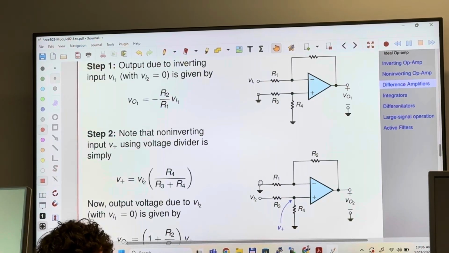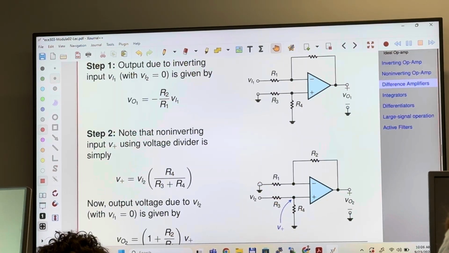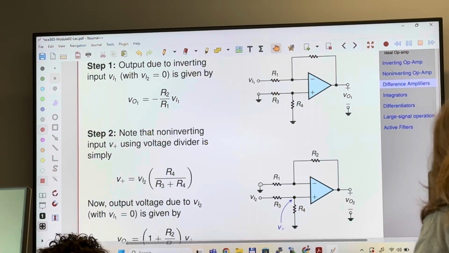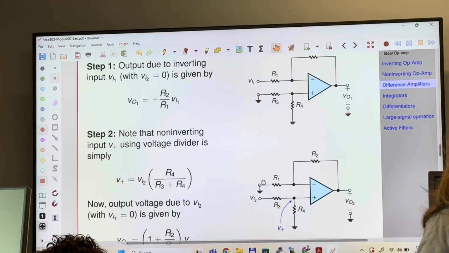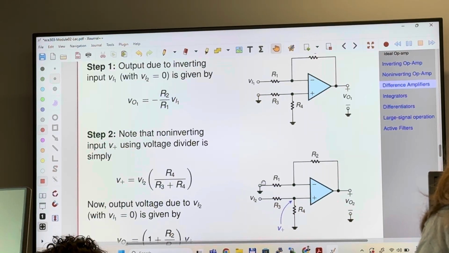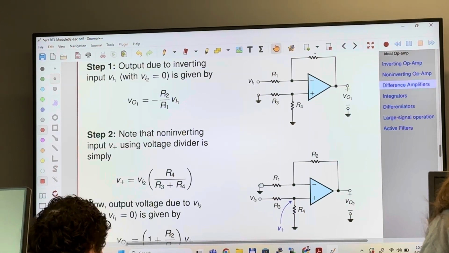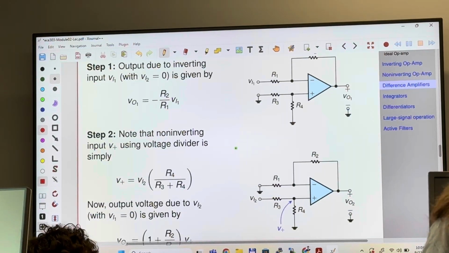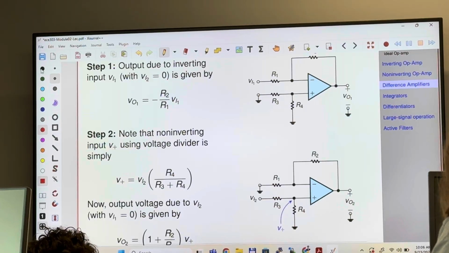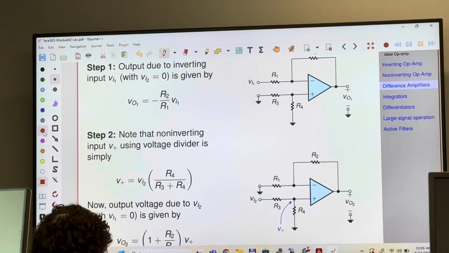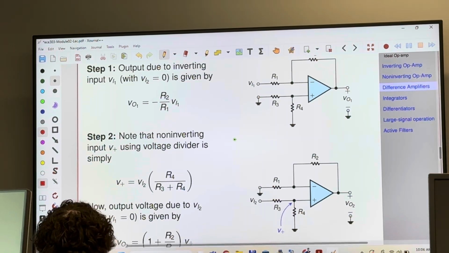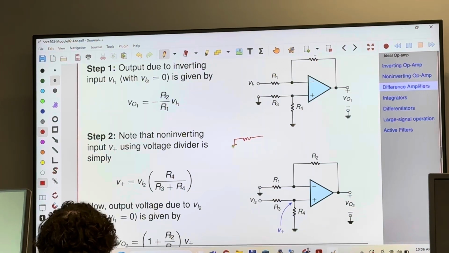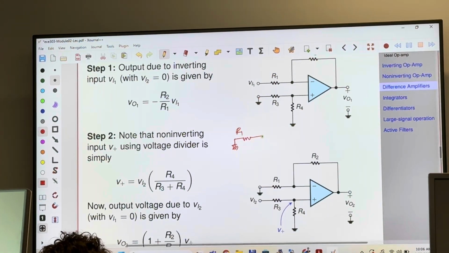Similarly, now you put this guy to 0. If this is 0, the input is 0, R1 is there.